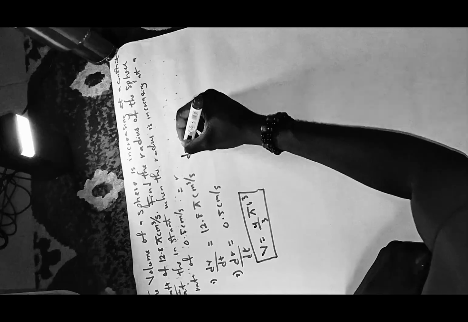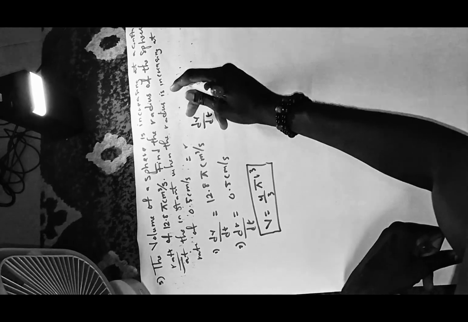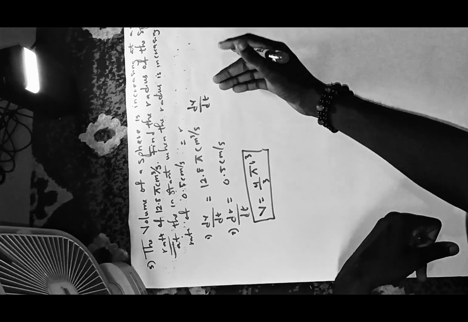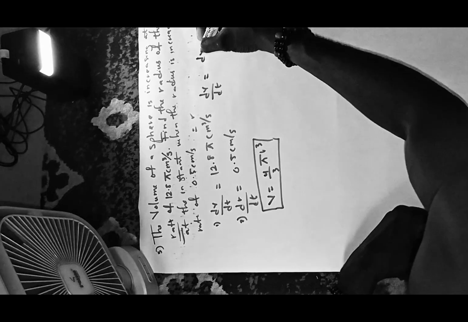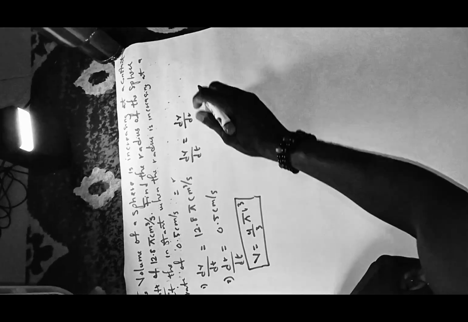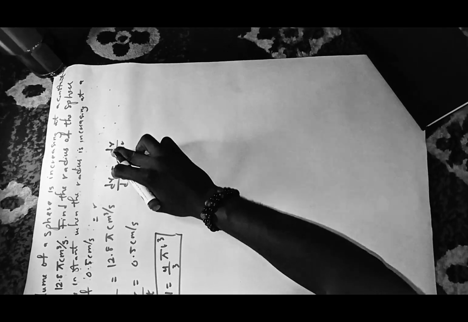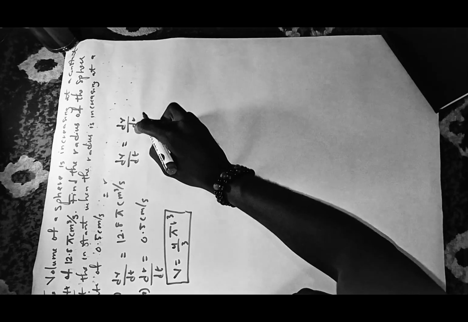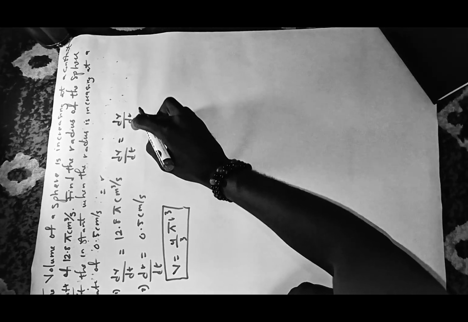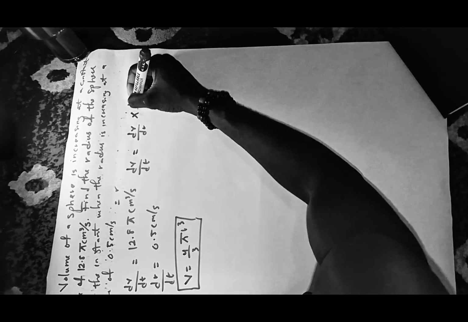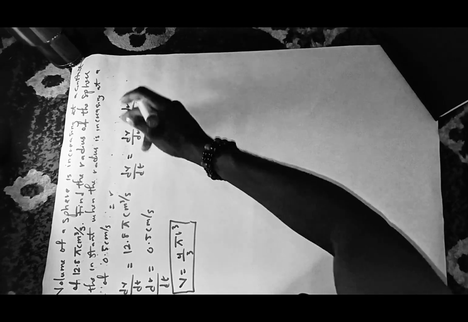And remember from the previous question that dV/dt, or any variable by dt, is equal to dV/dr, the rate of change of the volume with respect to a change in its radius, multiplied by dr/dt. So just know this pattern.